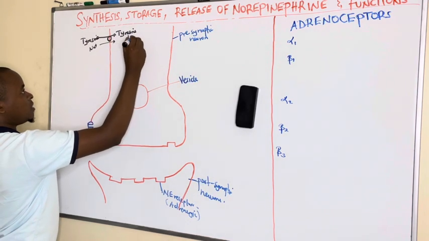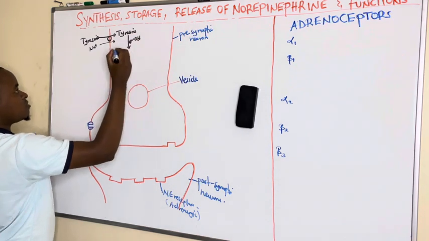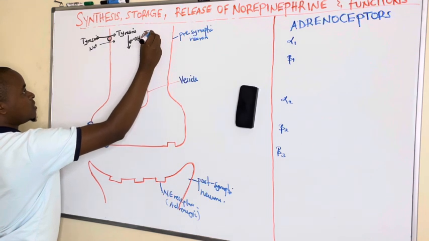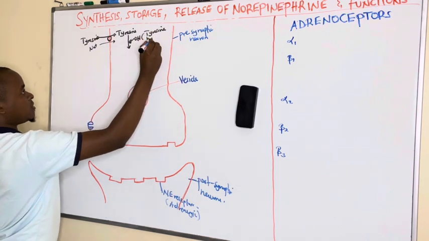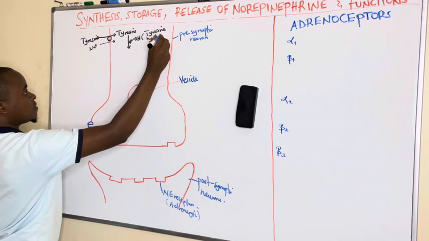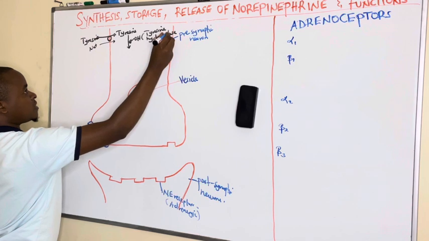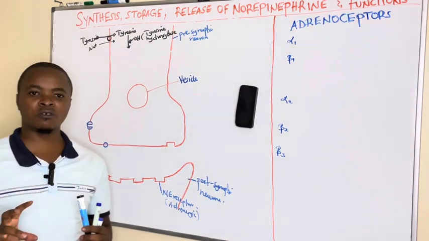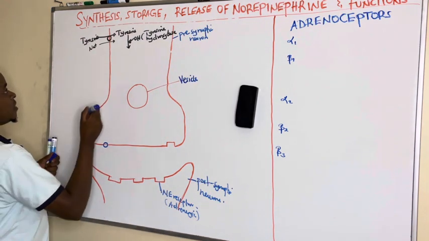whereby we add a hydroxyl group by an enzyme known as tyrosine hydroxylase. So the tyrosine hydroxylase enzyme catalyzes the addition of the hydroxyl group on tyrosine to form DOPA.